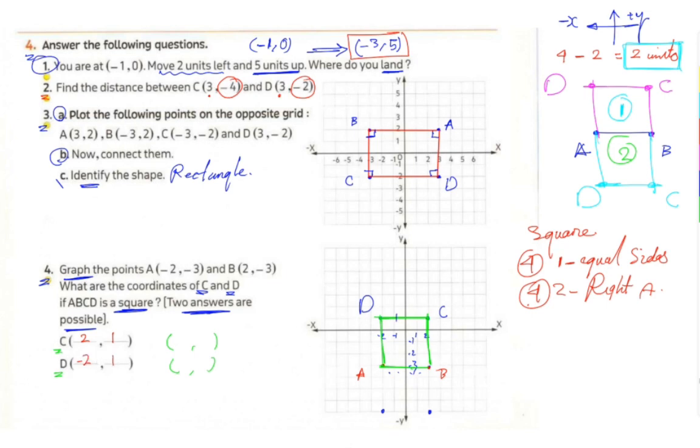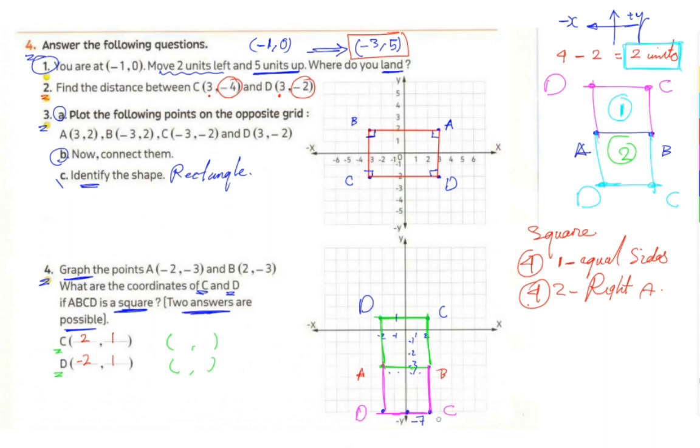The second possibility is this figure, A, B, C, D. Now I need the coordinates of these points. Counting down: negative 4, negative 5, negative 6, negative 7.